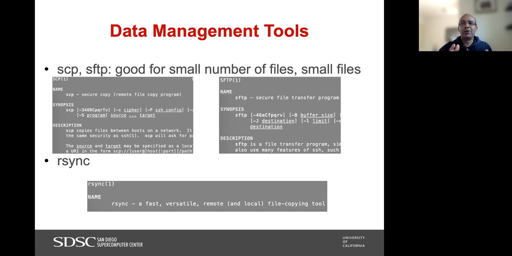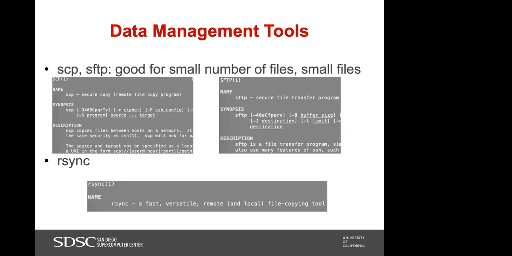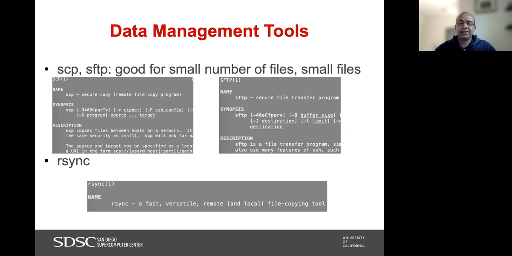Say if you want to do an SCP or rsync from my laptop to Expanse, then you should have whatever credentials that you need to log into Expanse. And I think that is about it. If you're able to do SCP, you should also be able to do rsync. So typically you should have SSH credentials to do any of these. I think they have an underlying implementation as SSH as well.